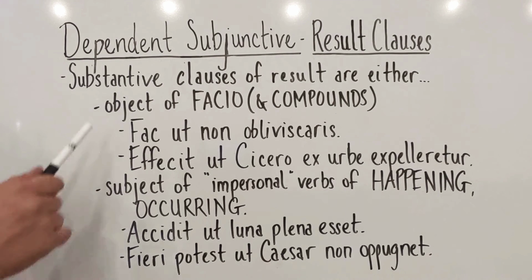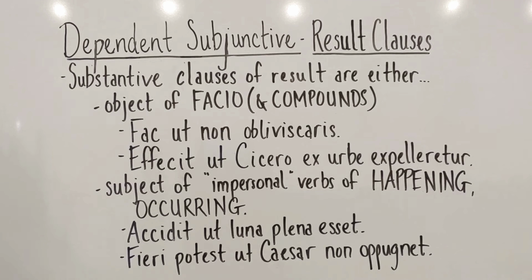What happened? That's why these are substantive noun clauses. What happened? Quid accidit? The moon was full. This is the result. And it is the subject of this verb. The moon was full, that's what happened. But in English, just like in Latin, we say, it happened, it, impersonal, it happened that the moon was full.